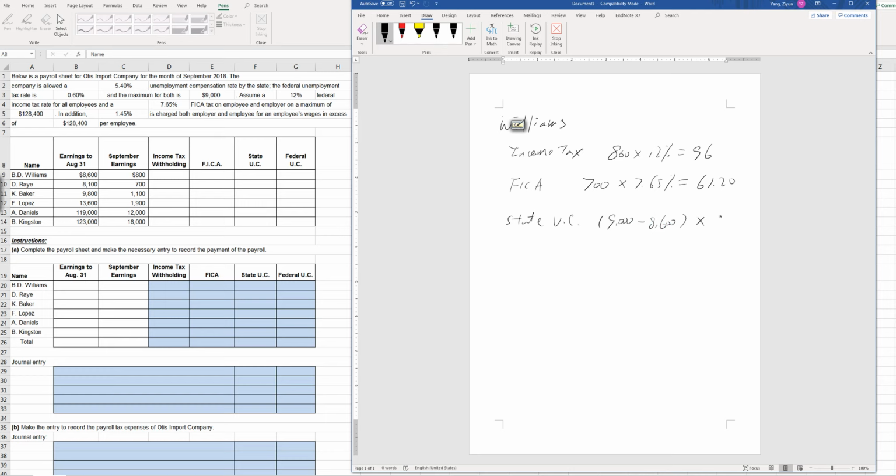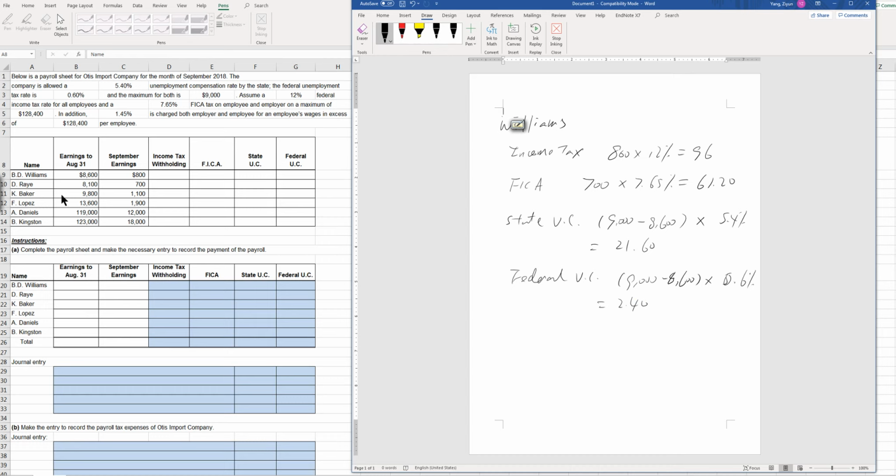For the state, that's 5.4%, or $21.60, and for the federal level, that's $400 times 0.6%, $2.40.